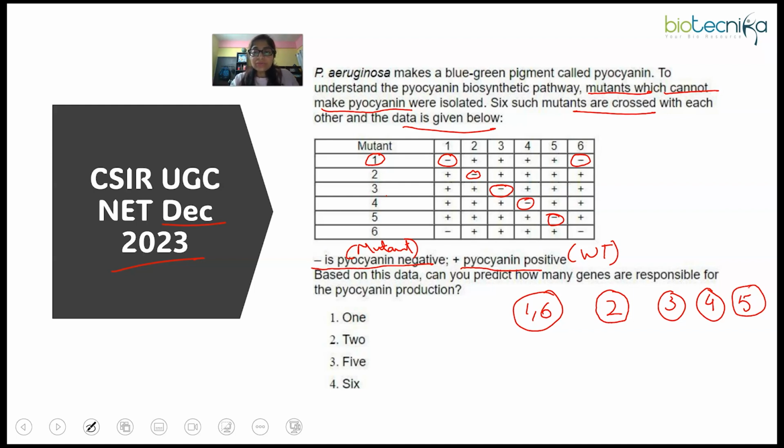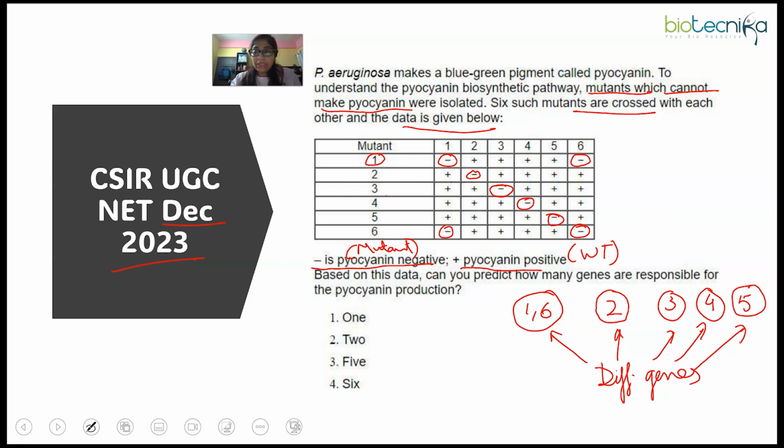6 we have already placed in the group of 1 because 6 and 1 are not complementing each other. So these are the different complementation groups. In terms of genes, they are all different genes. So how many different genes are there? 1, 2, 3, 4, 5.